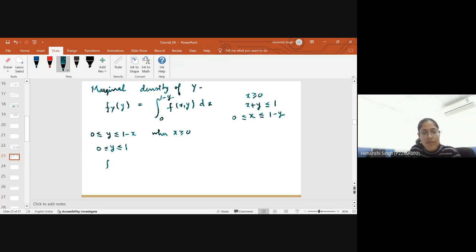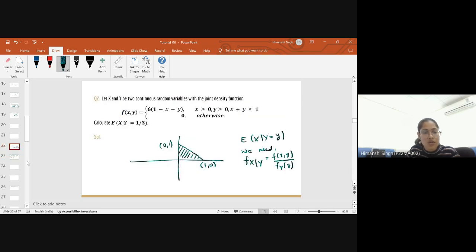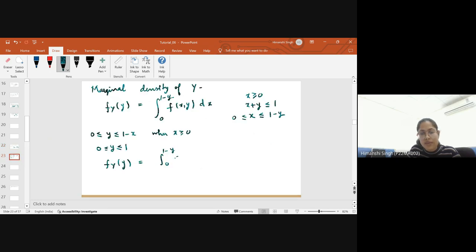So the marginal is the integral from 0 to 1 - y of the joint density, 6(1 - x - y) dx, where y is between 0 and 1. This will be the condition for this marginal density. So let's calculate it. 6 will come outside.